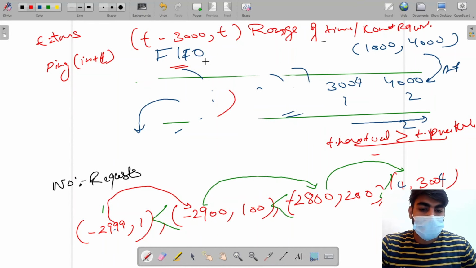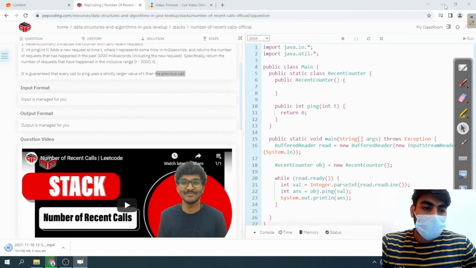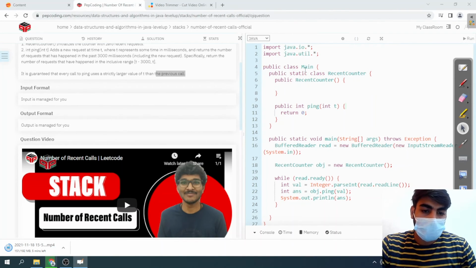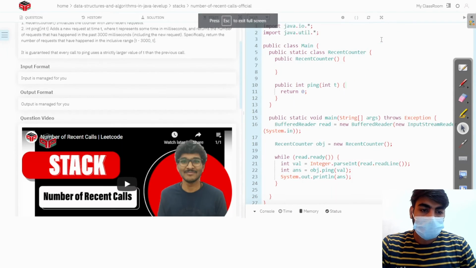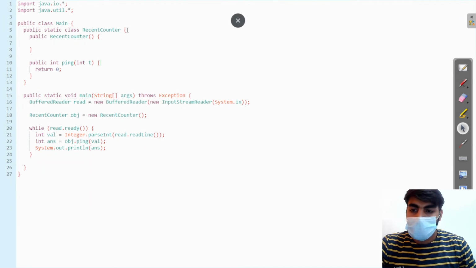So I hope you understand what we write here, what's our approach, and what we need in our code. So let's move to our editor. In the editor, what they have given is a constructor class, this one. What I am doing, I am firstly creating our queue.